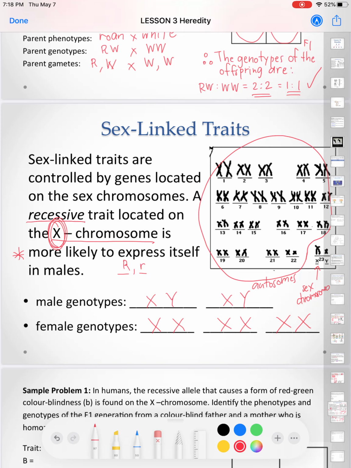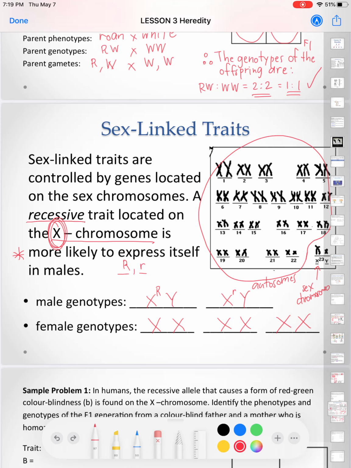For male genotypes, there's only two possibilities: the male's X can carry a dominant allele, and we write it as a superscript, a little tiny letter up to the right, or that male can have a recessive allele on his X chromosome. We don't put anything on the Y, because it's not a Y-linked trait.